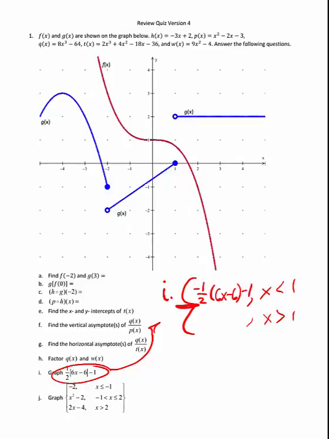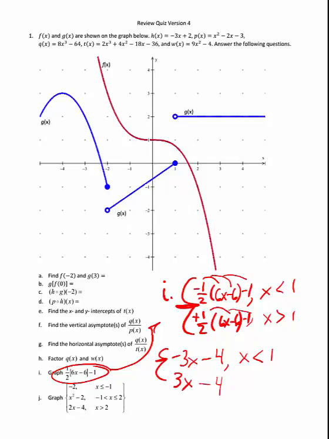And then when x is greater than 1, we make it positive 1/2 times 6x minus 6 minus 1. I'll distribute. That's negative 3x plus 3 minus 1, which becomes plus 2 when x is less than 1. And then we get positive 3x minus 3 minus 1, which becomes minus 4. Oh, I messed up here. This should have been plus 3 minus 1, so that would have been plus 2. Okay. And then you can put the equals in either case in this situation.